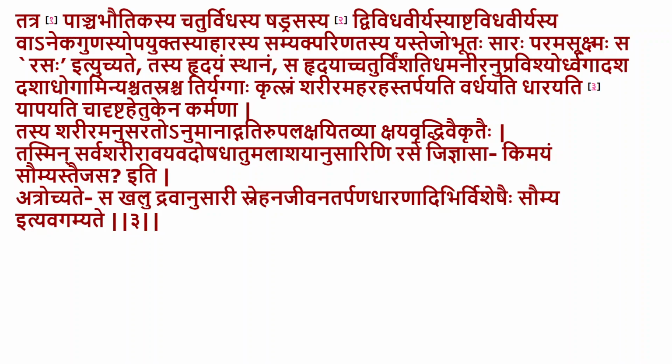Now, this nourishment, the rasa, that's the nourishing component of the blood, would be spread around the body. Tarpayati: it helps in maintenance of the nourishment of the tissue. Vardhayati: it helps in the growth of the tissue. Dharayati: it supports the daily functions of the cells.